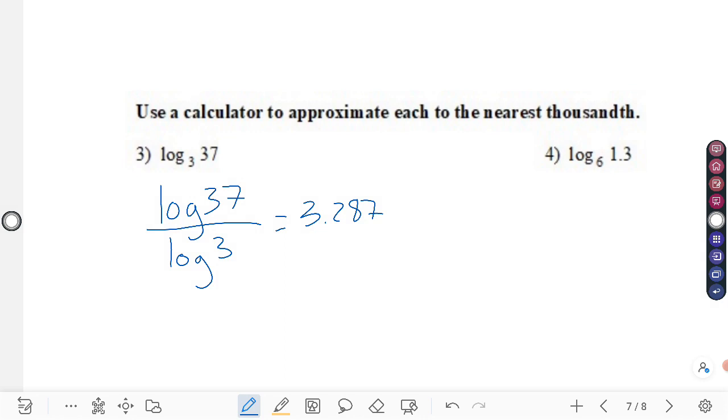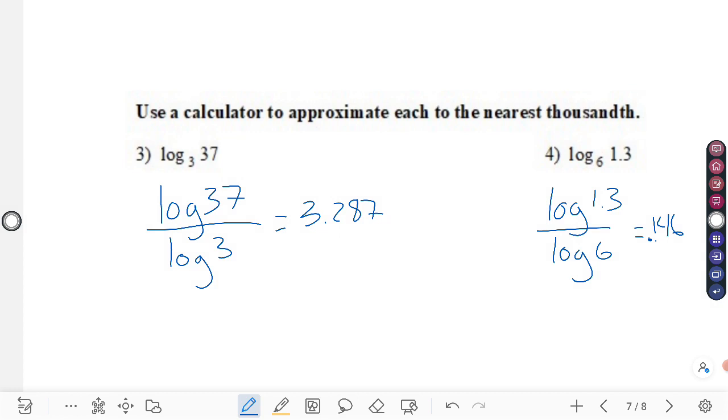Next one. You should get 0.146 as our rounded answer. All right, so that's how you're going to calculate these.